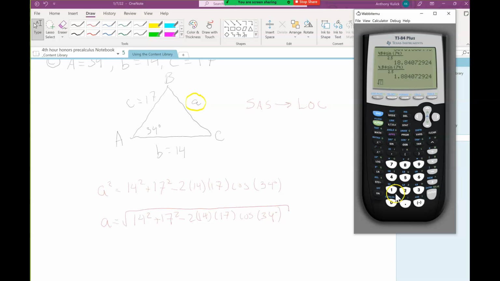Don't forget to do the square root, though. That's a place where every once in a while I see a student forget to do that, and they get some bonkers crazy answer. It's like, did you really think that a triangle with side lengths 14 and 17 could have the third side length of like 4,000 or something? Like, really? You didn't stop and think about that for a minute?